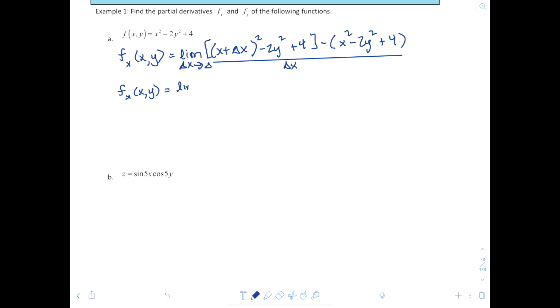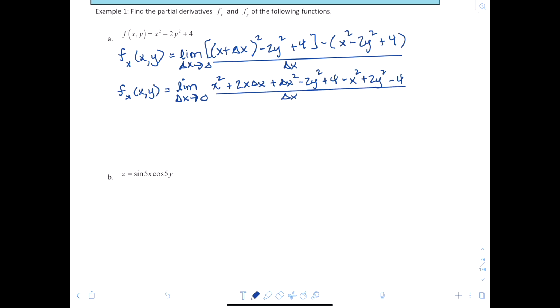the limit as delta x approaches 0 of x squared plus 2x delta x plus delta x squared minus 2y squared plus 4 minus x squared plus 2y squared and minus 4 all over delta x.